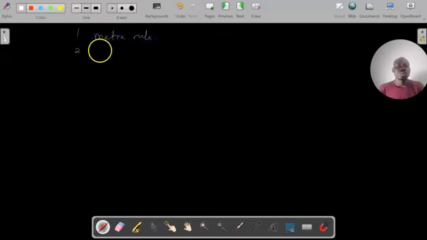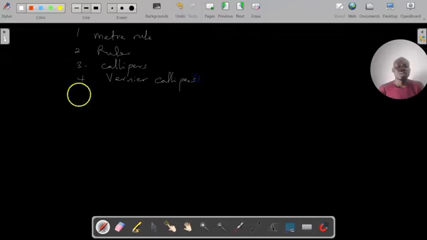We can also have a ruler. We have calipers. We have vernier calipers. Then micrometer screw gauge. So all these are used to measure length.